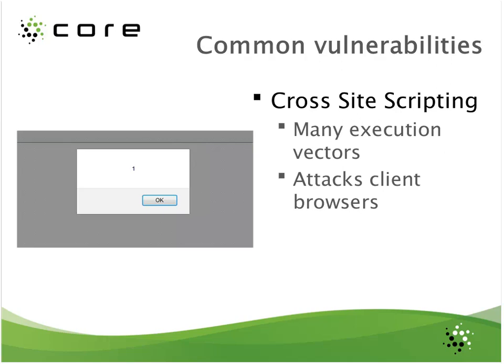That's a fairly simple, fairly standard way to demonstrate a cross-site scripting attack. The most common flavor of cross-site scripting attack uses JavaScript functionality within most browsers these days. And again, browsers have varying levels of protection against cross-site scripting.